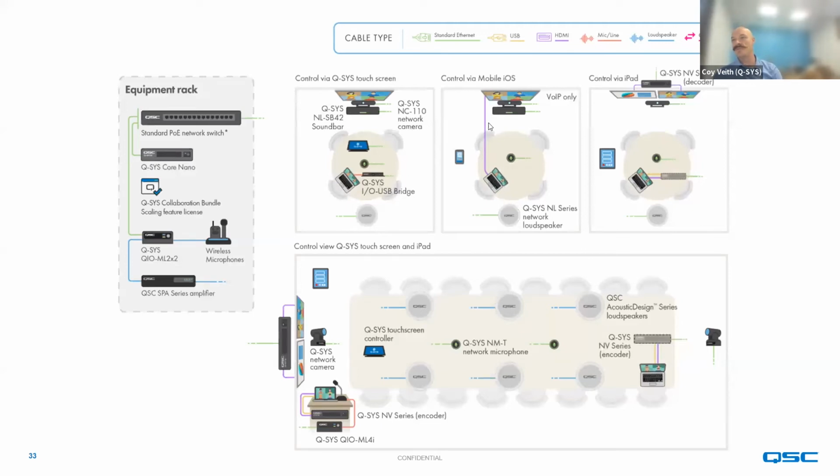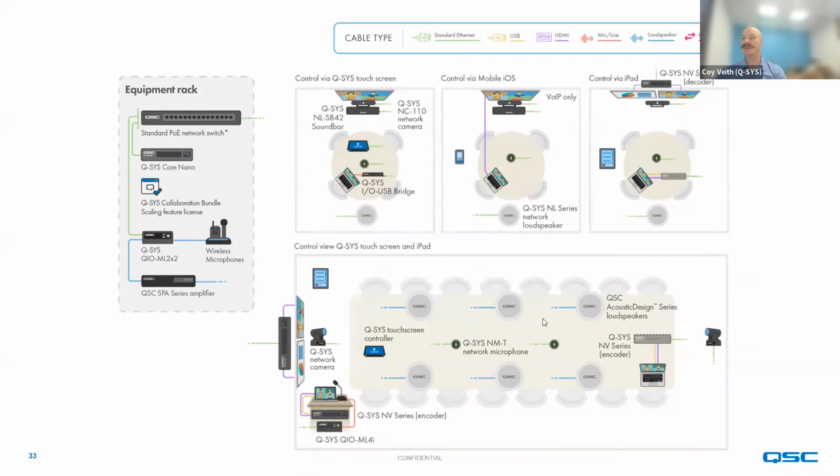As we move to the next room, we're just doing an audio only thing, but we show the camera and sound bar in there, which could all be living on this. I would imagine the reason I stuck the collaboration bundle license in is because we probably exceed the 8 AEC channels that come standard with the Nano in this design. But with that scaling license, we can add microphones and not have to worry that my core doesn't have enough AEC processing.